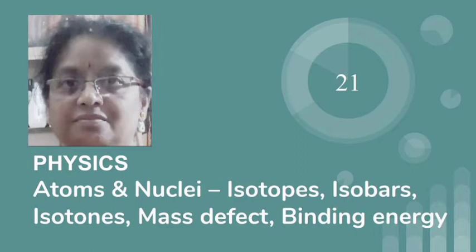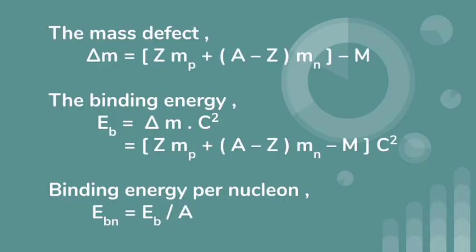This mass defect appears in the form of binding energy, which is responsible for holding the nucleons together in the nucleus. If nucleus having atomic number Z and mass number A has the rest mass m, then the mass defect delta m is equal to Z times mp plus (A minus Z) times mn minus m.